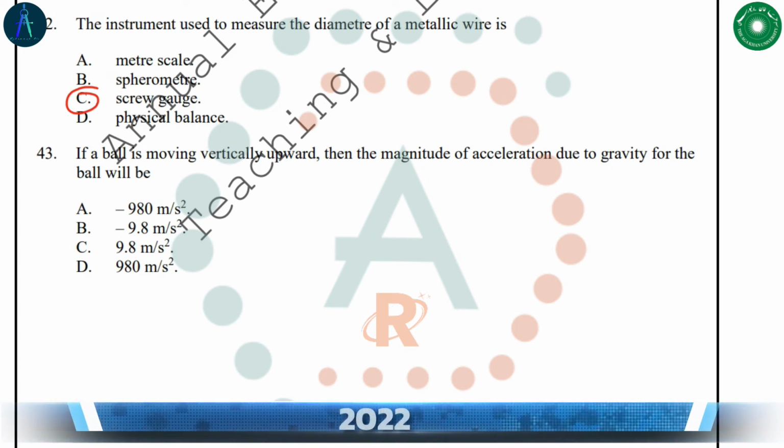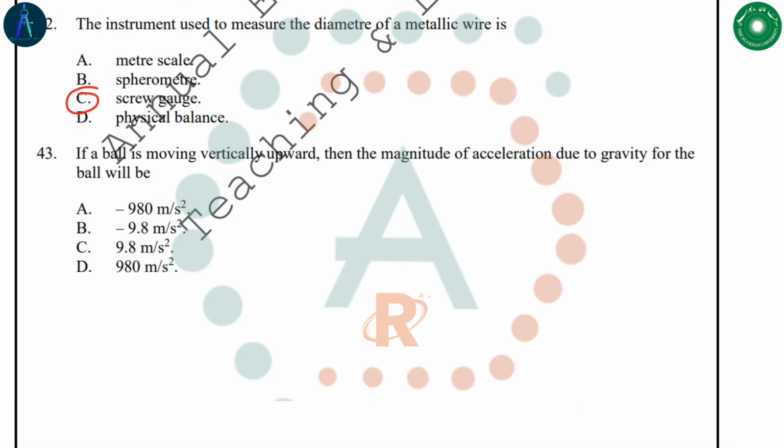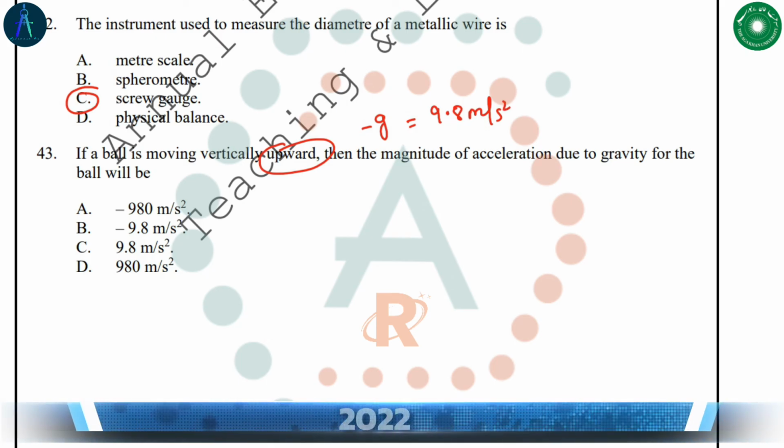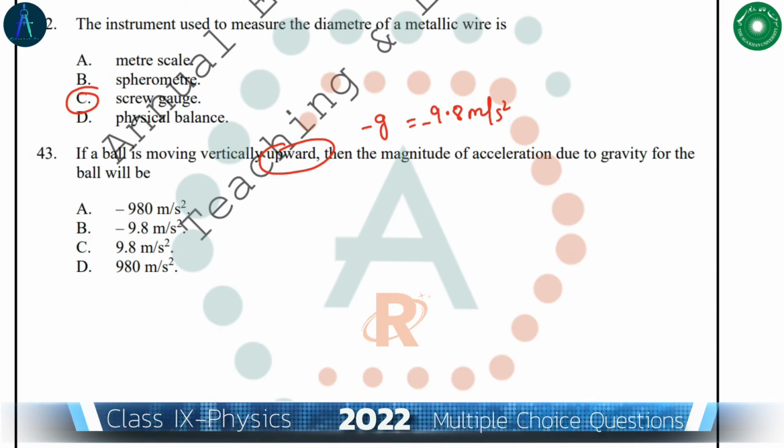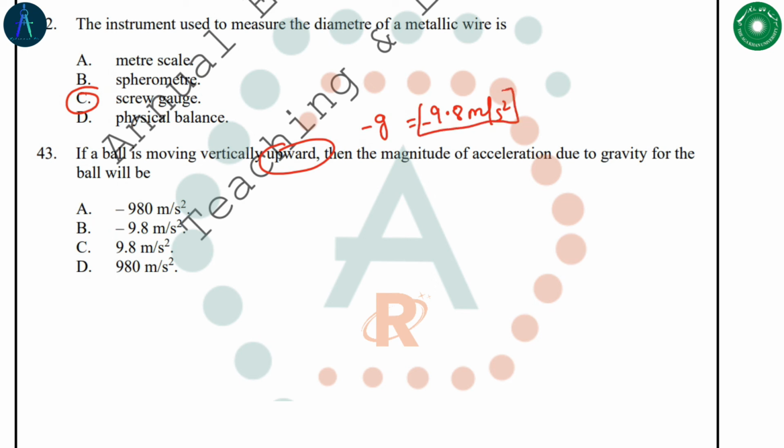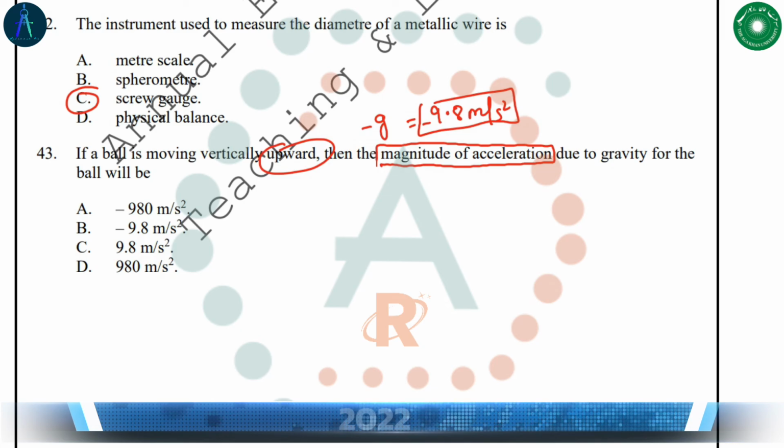Then we have question number 43. If a ball is moving vertically upward, the magnitude of acceleration due to gravity on the ball will be... We know that the body is moving upward, so the value of g will be negative, and in the SI system it is 9.8 meters per second squared. So the correct answer should be minus 9.8 meters per second squared. But the question asks only about the magnitude of acceleration.